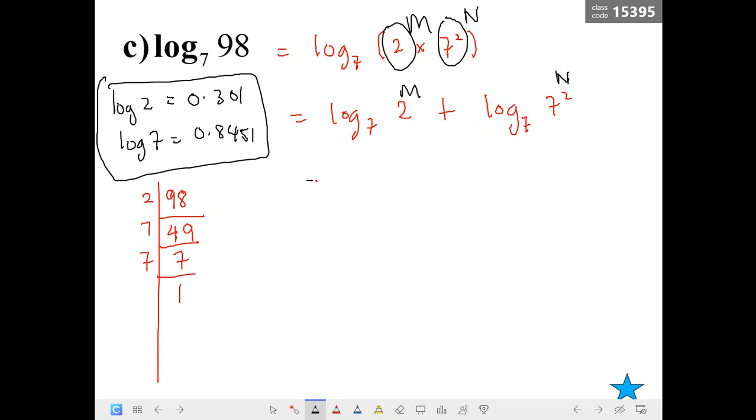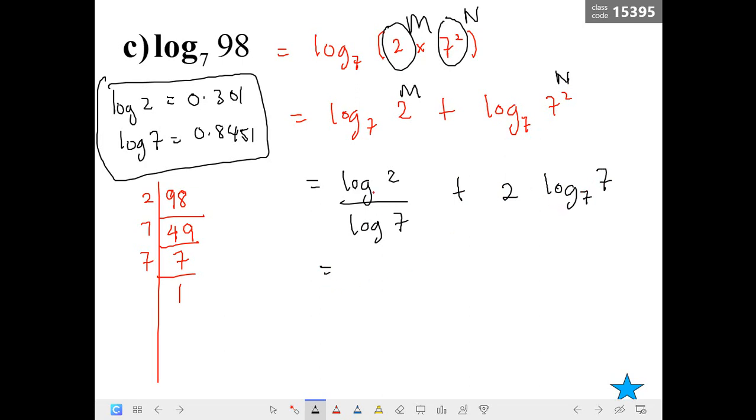Next step, this is log 2 base 7. What you have is log 2 base 10 and log 7 base 10, so change to base 10: log 2 over log 7, plus 2 brought to the front, and you get log 7 base 7.